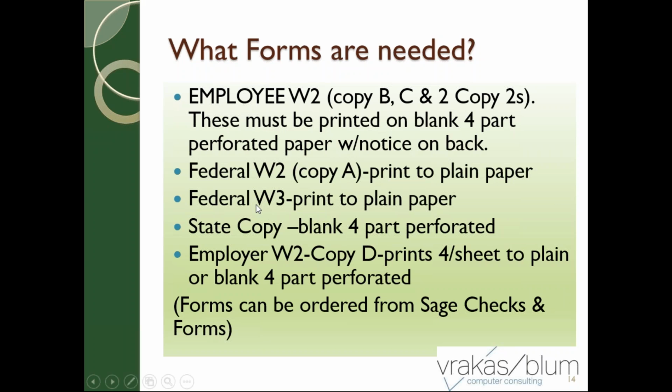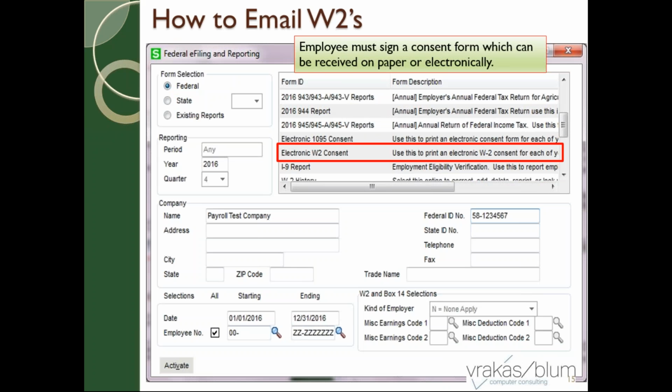For the federal W-3, you can print that to plain paper as well. The state copy, blank 4-part perforated paper is needed. The employer W-2D prints on 4 per sheet to plain paper or a blank 4-part perforated form. Forms can be ordered from Sage Checks and Forms, as well.